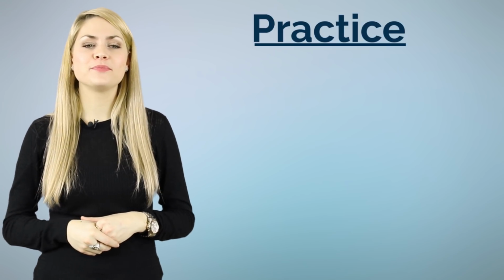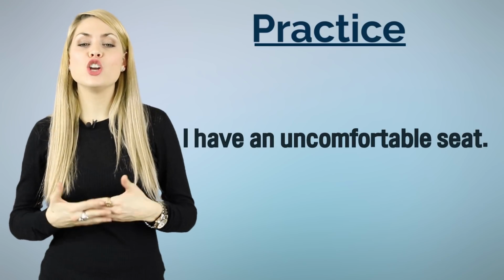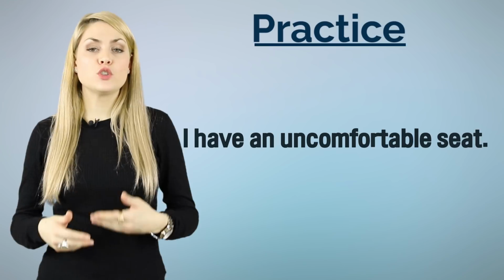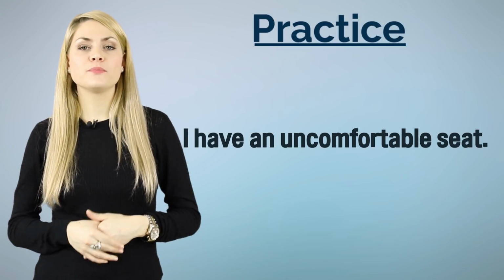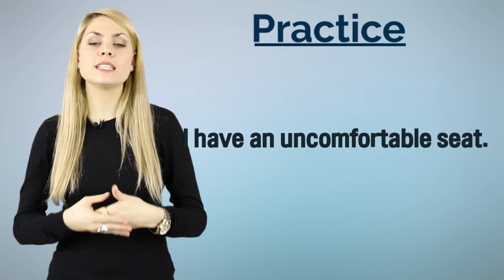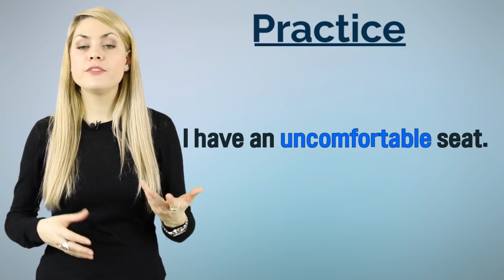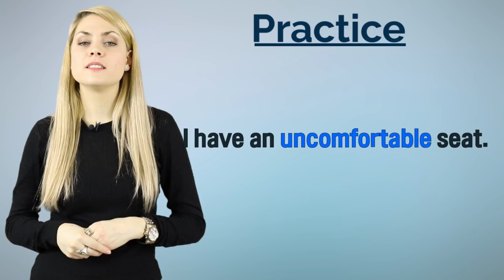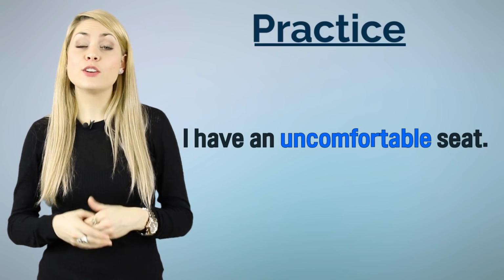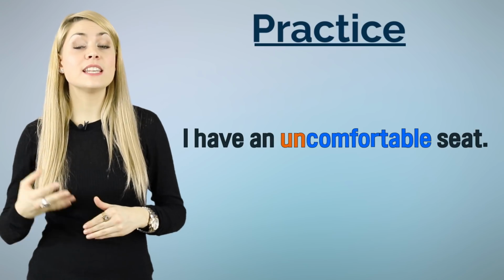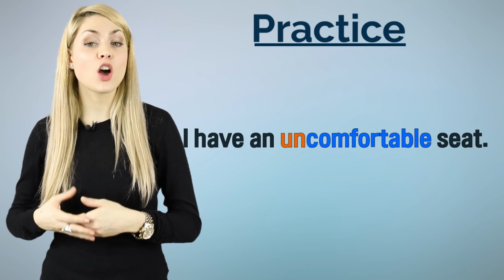Let's have a look. I have an uncomfortable seat. Now, can you spot the adjective first? Of course, the adjective here is uncomfortable. Can you see any prefix or suffix? I do. There is a prefix, which is un, and there is a suffix as well, the suffix able.